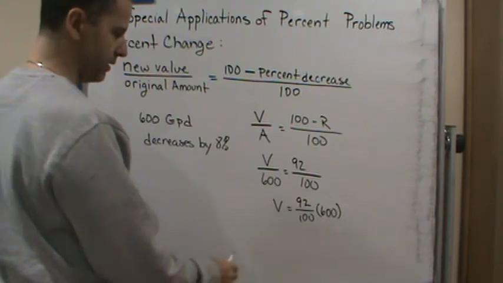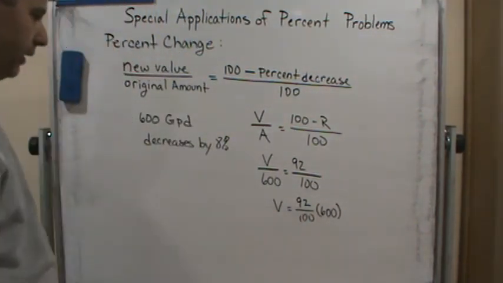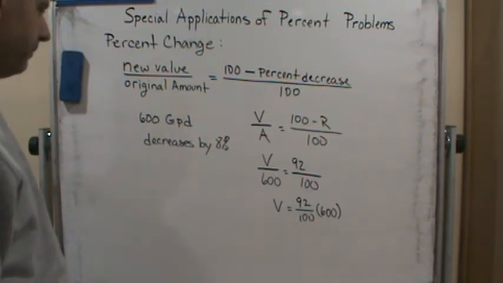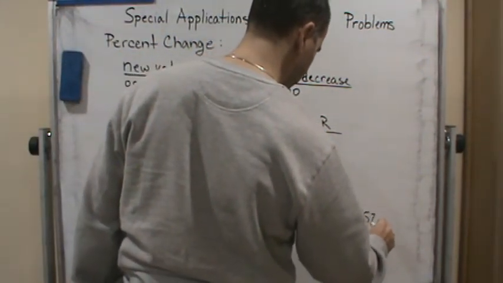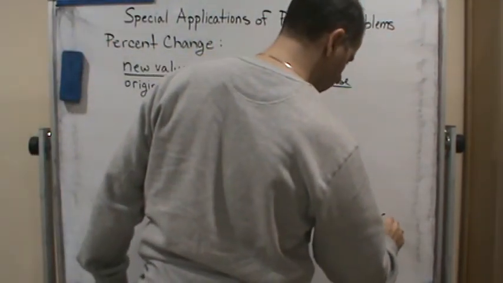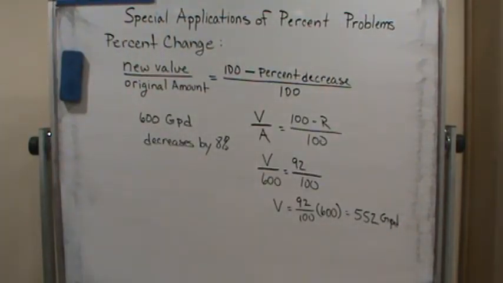Of course, this is going to give me 6 times 92, which is going to give me 552 gidgets per day, as opposed to widgets.